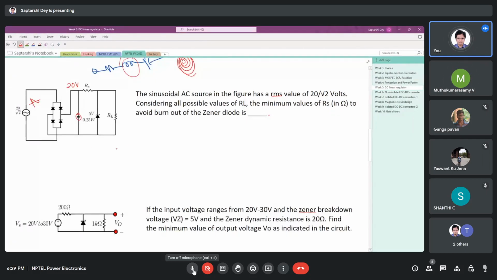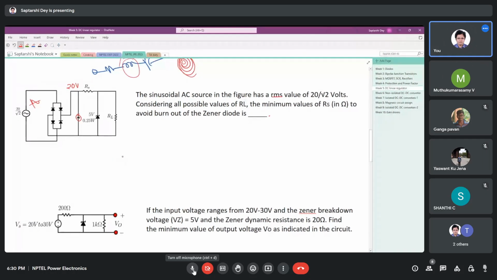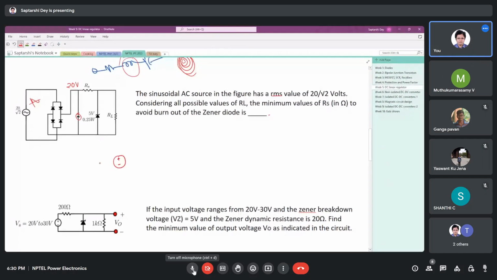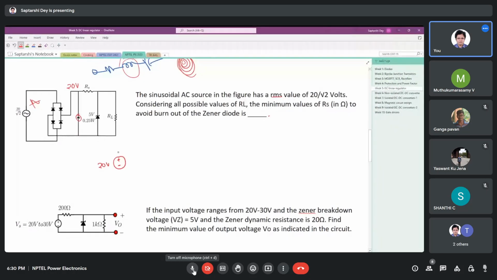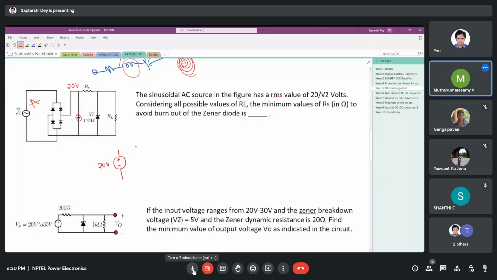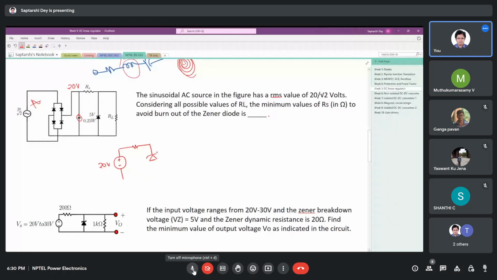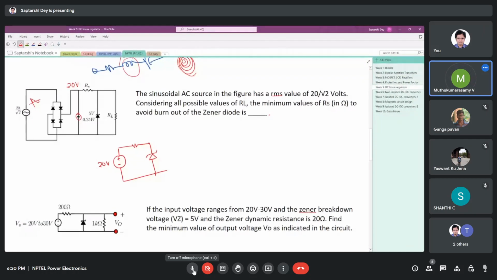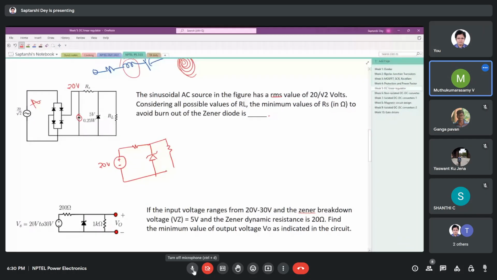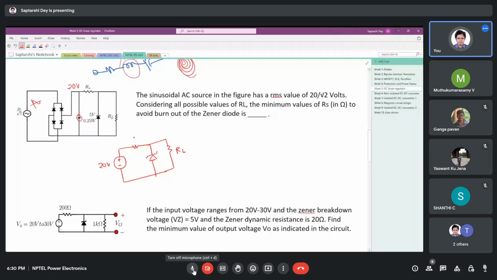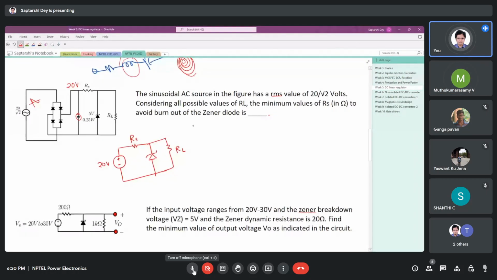So this circuit now reduces to this: RL, RS. Now see the question. Consider all possible values of RL, the minimum value of RS to avoid burnout of the Zener diode.